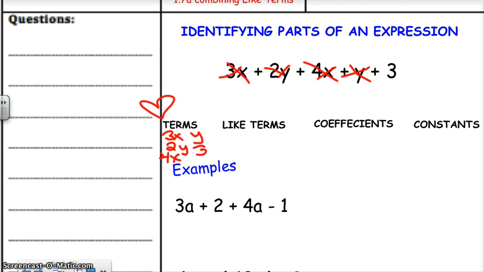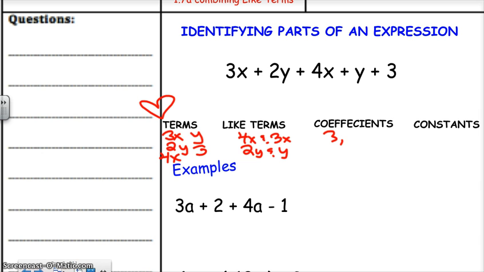Like terms. Which ones on here are like? 4x and 3x. Yep, 4x and 3x are like terms. What's another like term? 2y and y. There. The coefficients. The numbers sticking to the variable. What are the coefficients in this expression? Judah? 3x. Just 3, just the number.